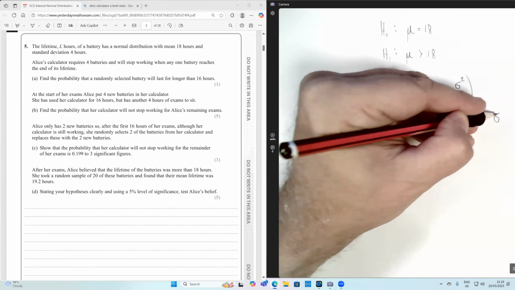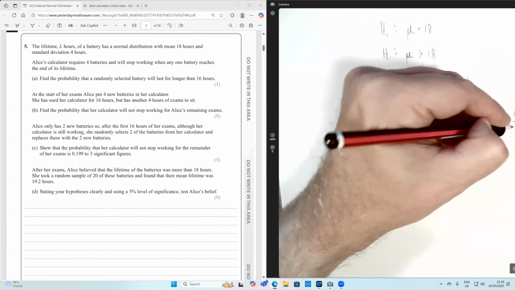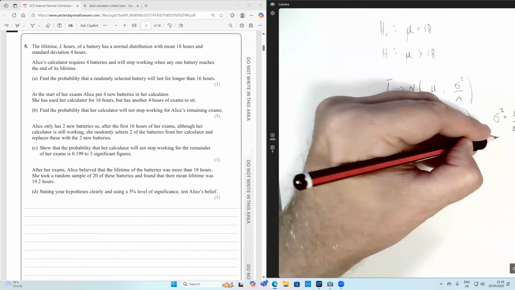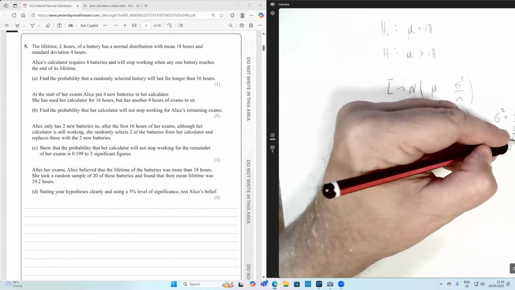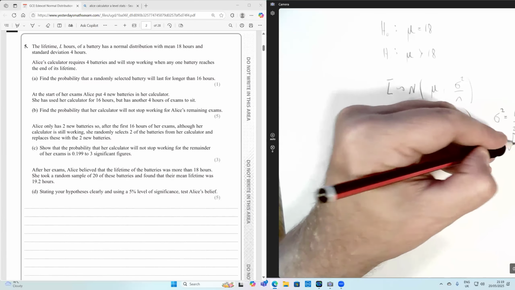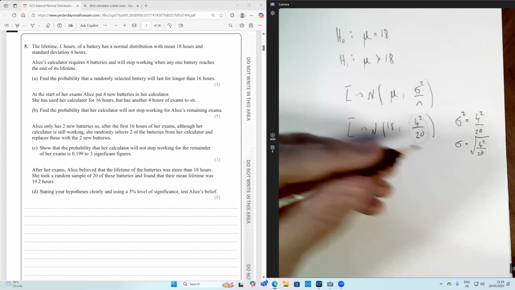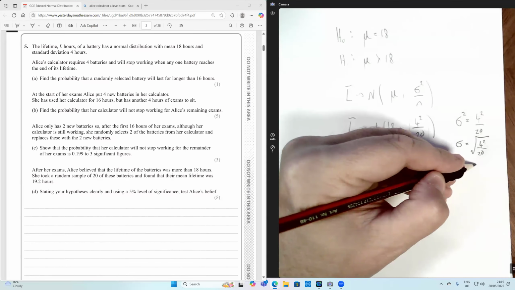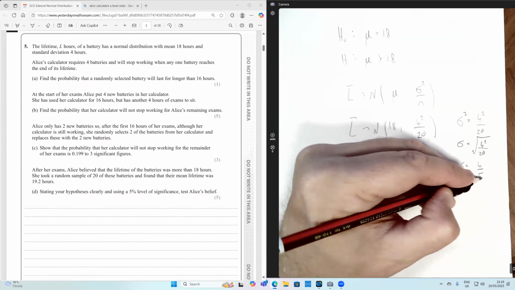In other words, sigma squared is equal to 4 squared over 20. And when we put it into our calculator, we're putting sigma into our calculator. So we need the square root of 4 squared over 20. Okay. And that is actually the same as 4 over root 20.